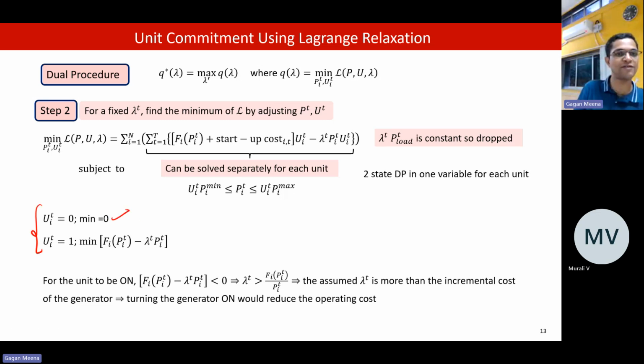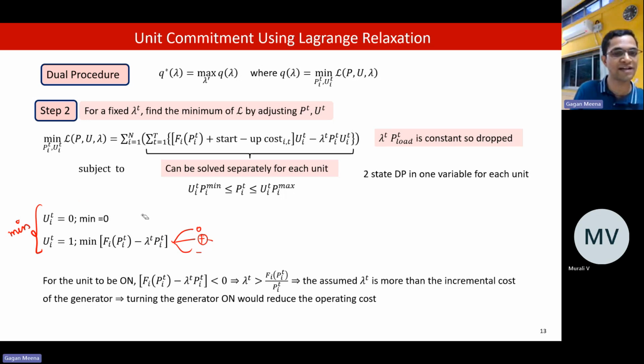If this is 0, and for u equal to 1 this can be 0, positive or negative. If it is positive, then the minimum of 0 and positive is 0. That means the unit should be off.